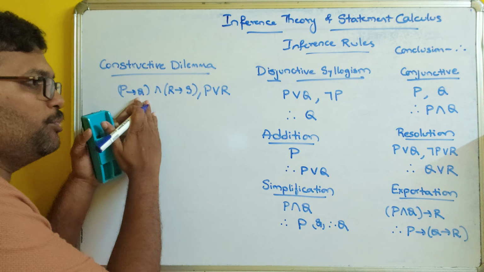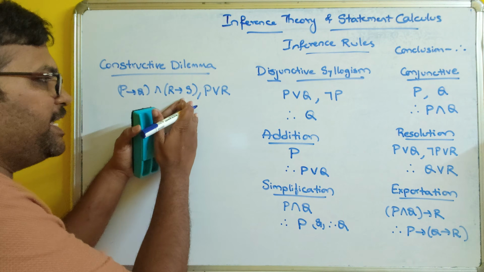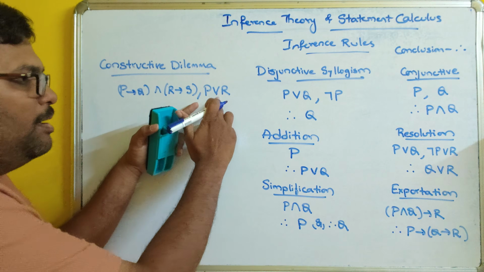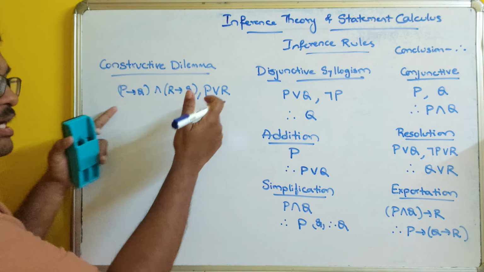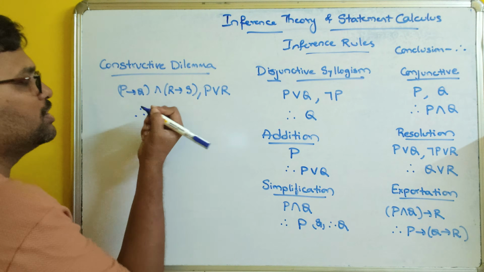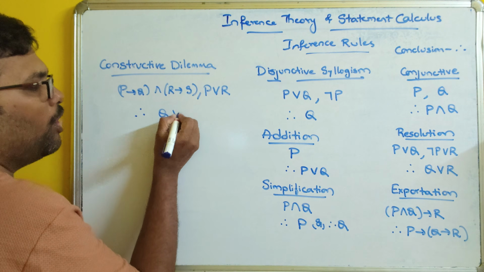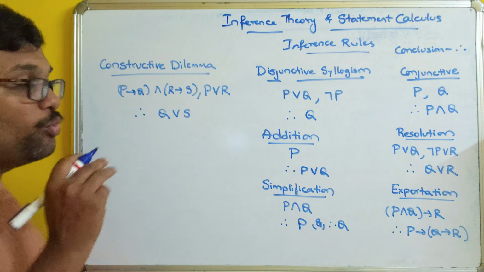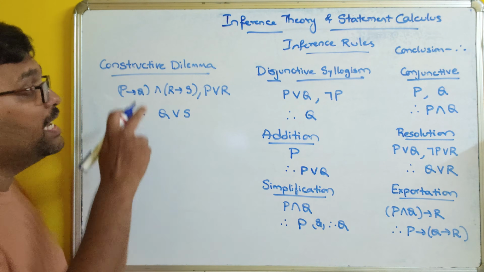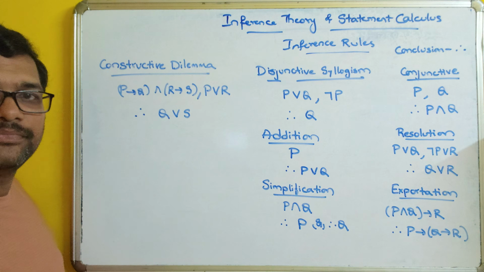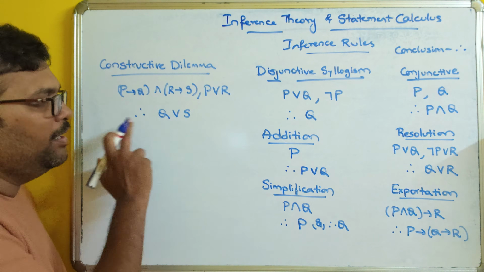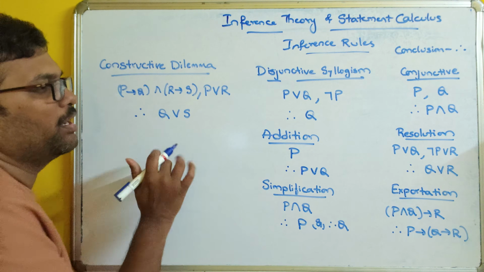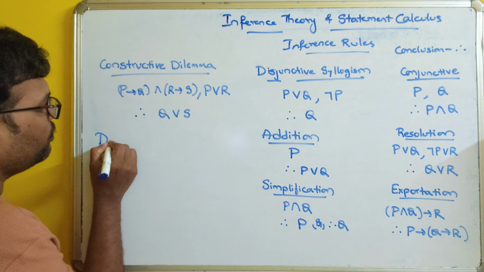P implies Q and R implies S, comma P or R. So two premises. If there are in the format of two premises, then the conclusion will be Q or S. That is called a constructive dilemma. Okay, if the premises are in this format, then the conclusion will be Q or S. The next one is a destructive dilemma.